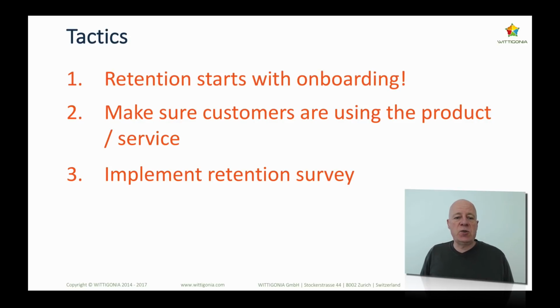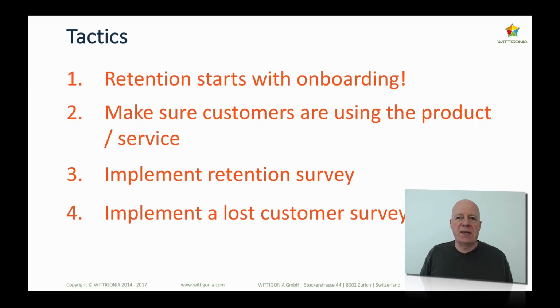And for that, we need to implement a retention survey. And the retention survey needs to come fairly early in the engagement process, ideally after a short time after the onboarding process, to get a feeling and a heat check what people love about the product, if they continue to use it, what is missing, etc. And for those customers who actually finally decide that they leave our subscription, our business, we have to implement a lost customer survey.